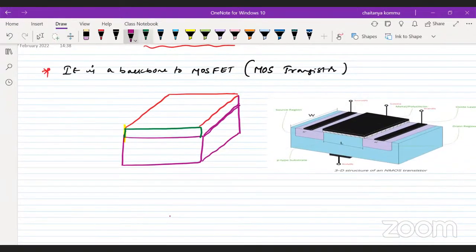Please try to understand that we talk about only this middle part. So what we observe here is a semiconductor. The pink color shows the semiconductor, and the green color is the middle one. This is called an oxide.